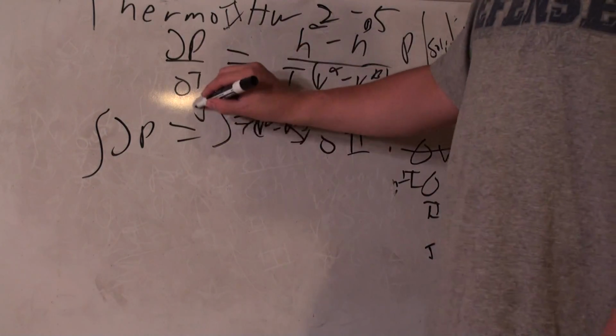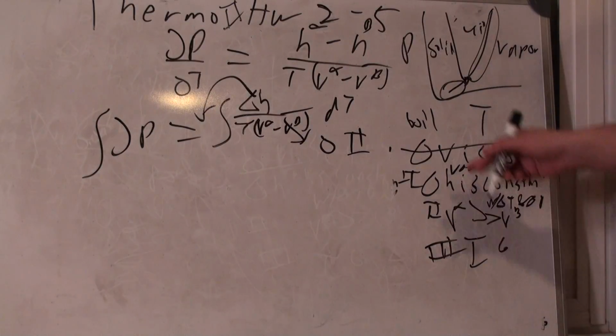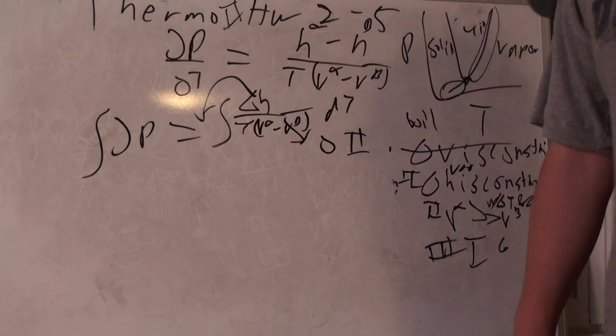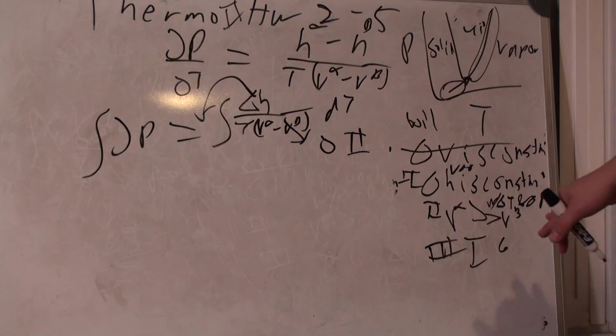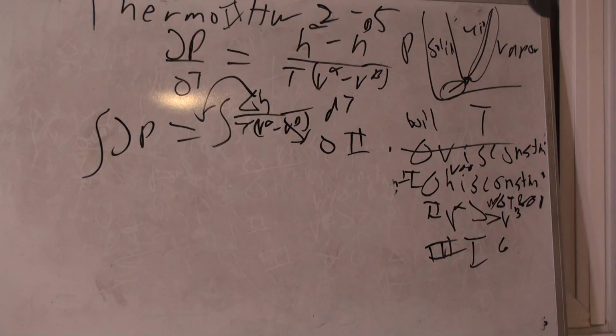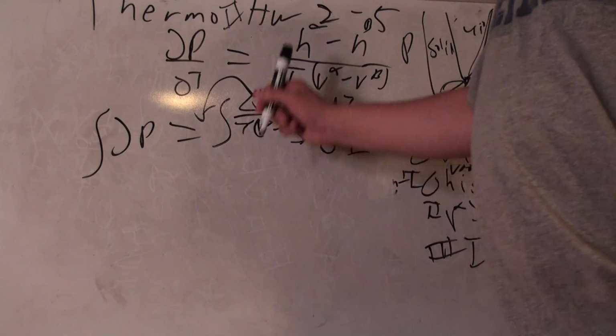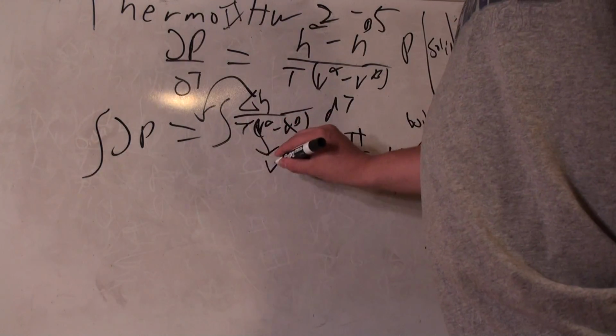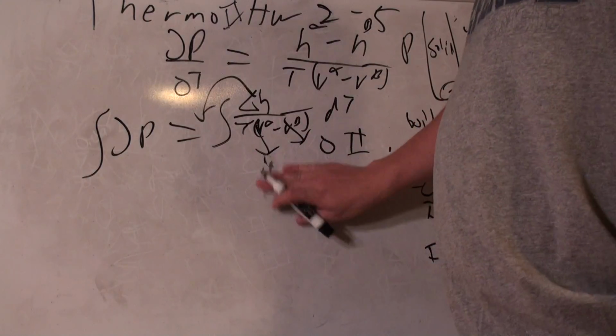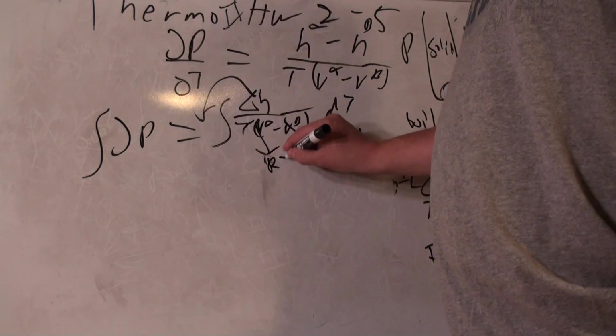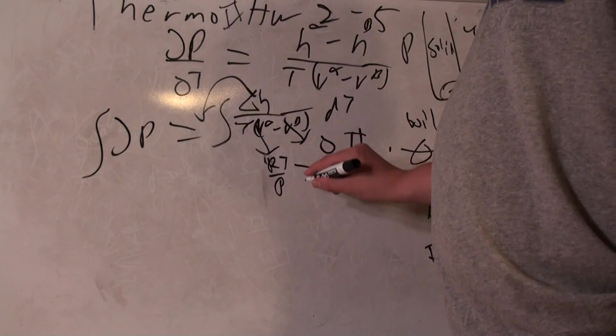I know that delta H is constant because of assumption number 1, which allows me to pull it out of the integral. And assumption number 3, what does assumption number 3 let me do? It lets me plug in the ideal gas law, which is V equals RT over P. Okay, and so this becomes V alpha equals RT over P. Assumption number 3.